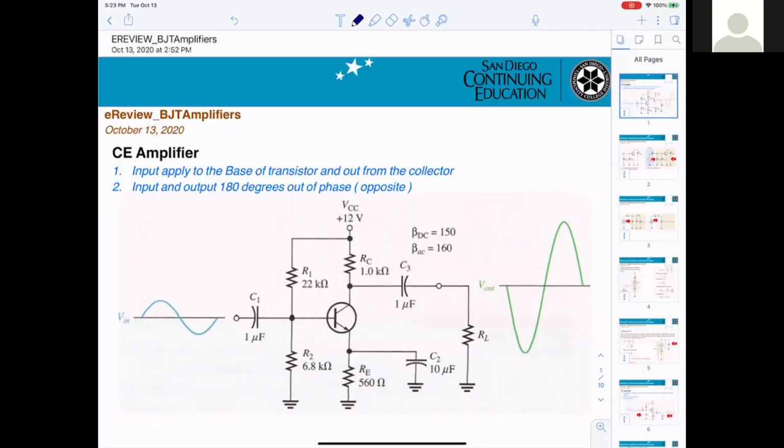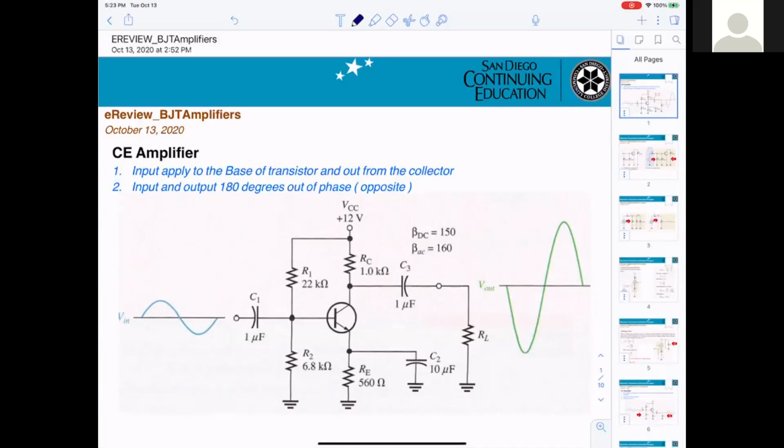Yeah, I have one question. Yeah, go ahead. On the top, it is written beta DC is 150 and beta AC is 160. So beta is the current gain. Yeah, that's the current gain for either DC or AC.